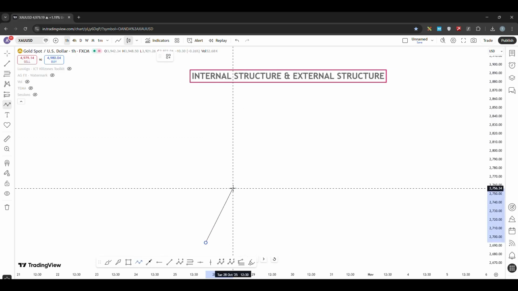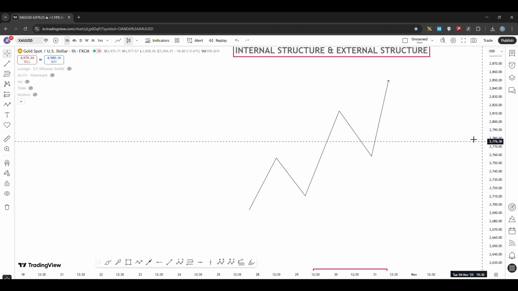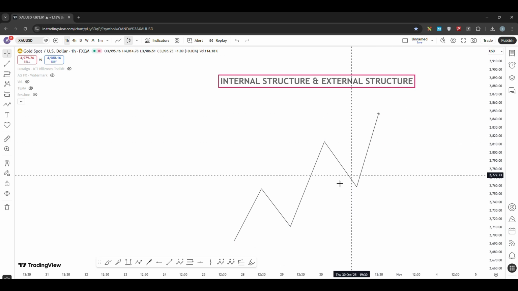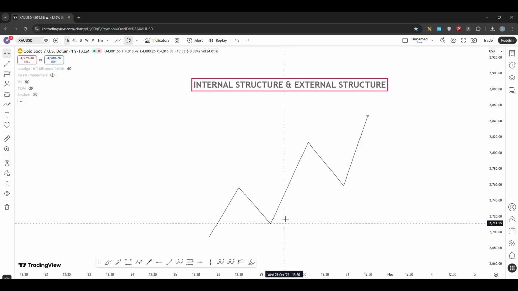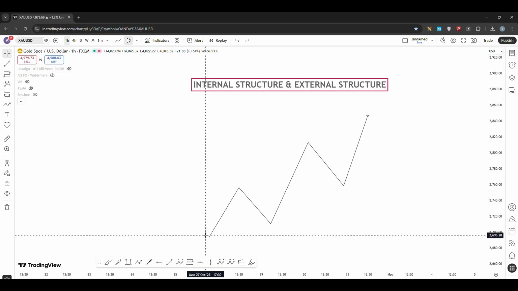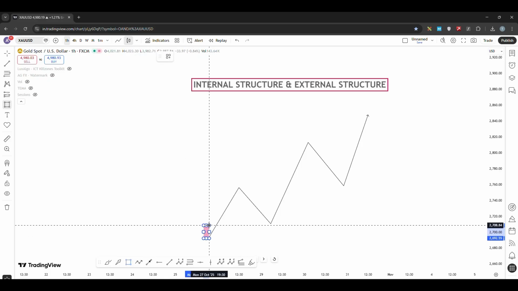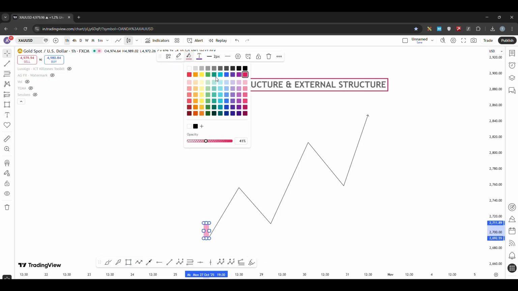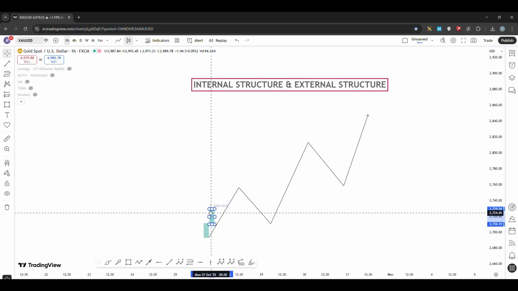So let's say the market is in an uptrend like this, the market is moving like this, right? So this is what we see in the market. This is how an uptrend is created, with higher highs and higher lows, right? In this movement to the upside, just focus on this leg to the upside. If you actually zoom in on this leg, you will see that there are multiple candles over here. You will see movement like this, where let's say you see a green candle over here, then you see another green candle over here, right?